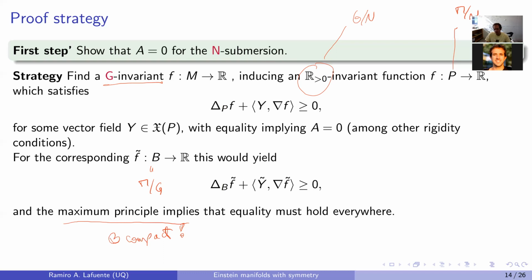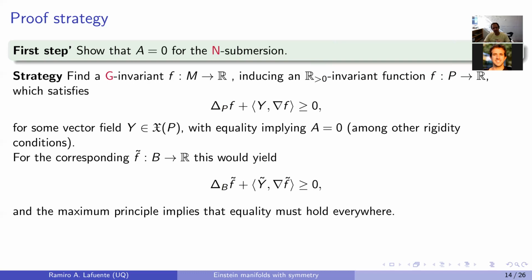All right, so then equality holds everywhere, and then our rigidity holds everywhere. And in particular, this proves the first step, and it will give us also a bunch of other geometric conditions that are non-trivial, and that will help for proving the Alekseevskii conjecture later on. So that's the strategy. I hope it's clear.